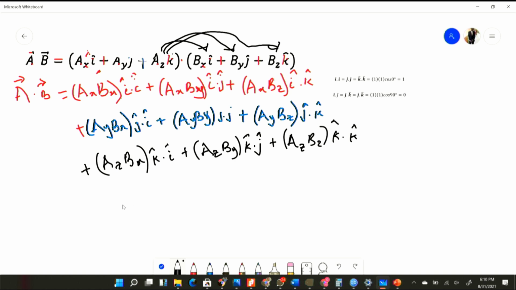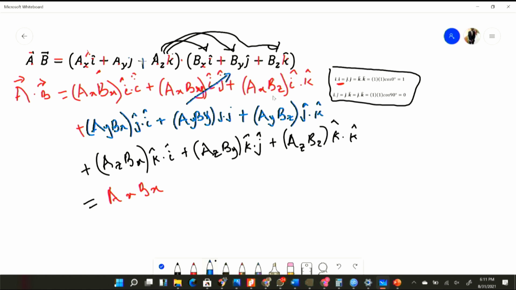So when we have something like this, we can now apply this relation and eliminate what needs to be eliminated. We learned here that I multiplied by I is 1, so that means AX BX stays as AX BX. And we also know that AX BY multiplied by the unit vector I dot J is 0, so this becomes 0.